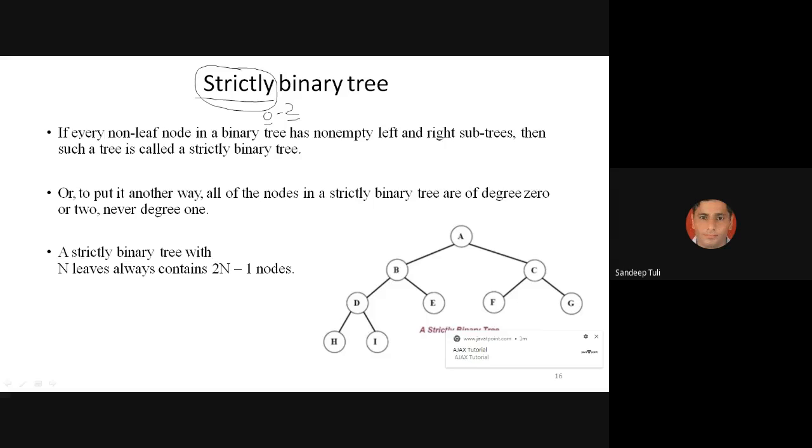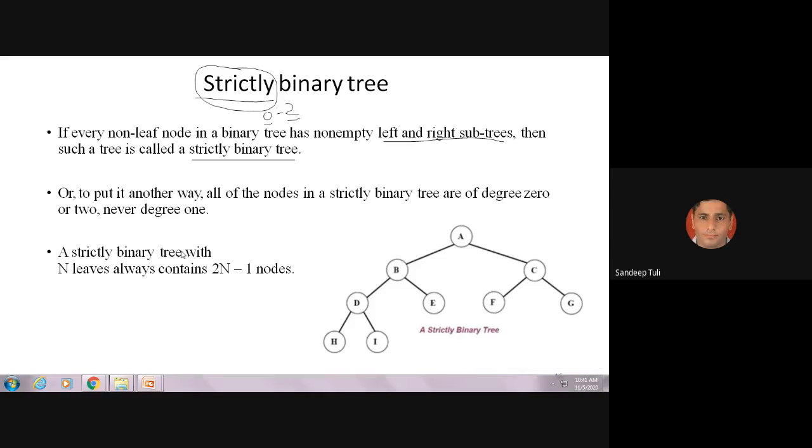If every non-leaf node in a binary tree has non-empty left and right subtrees, then such a tree is called a strictly binary tree. Is it clear to all now?